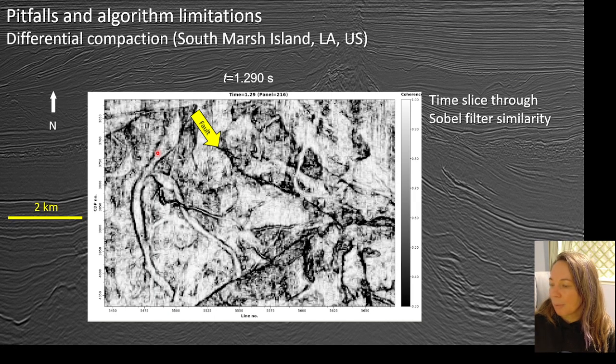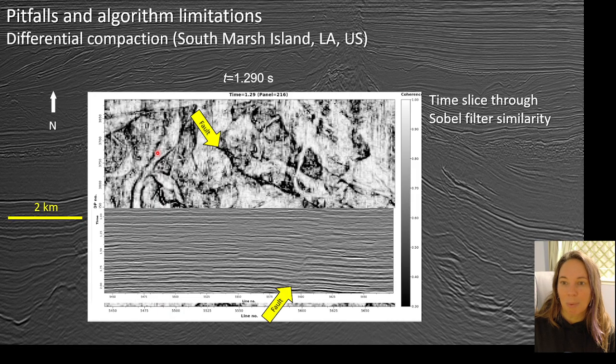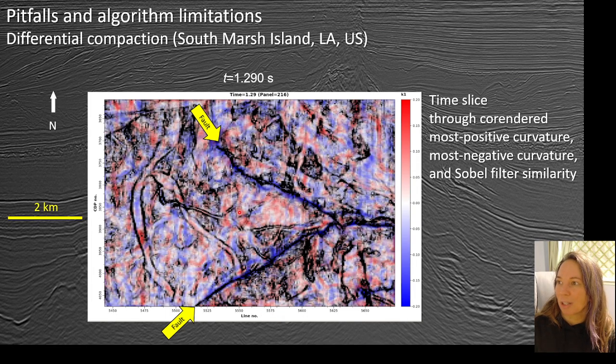And so we see them really well on the time slice, but when we look at the vertical section, they are very hard to see. You can see we can image that fault pretty well, but these channels are just showing up as small little blips throughout. Just very difficult to see, even vertically exaggerated.